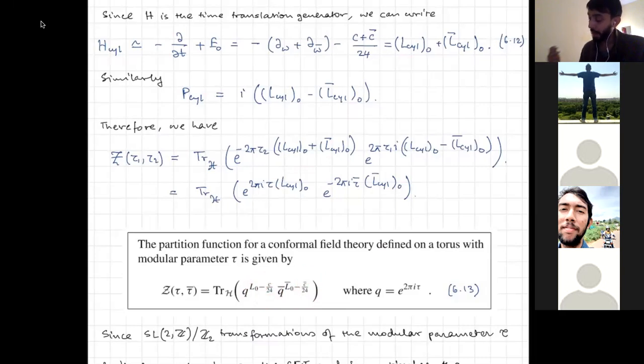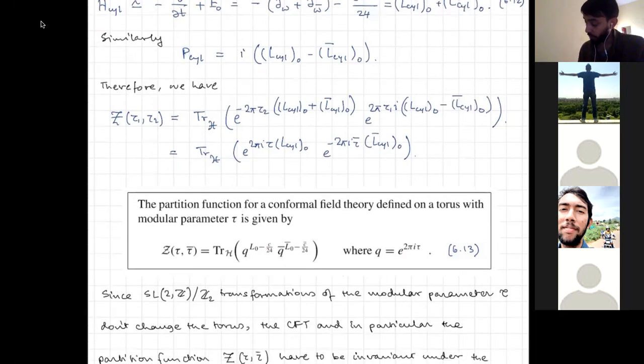The partition function of the CFT defined on a torus with modular parameter tau is then given by this object: q to the L naught minus c over 24, q bar to the L naught bar minus c bar over 24, where q is e to the 2 pi i tau. Very good.